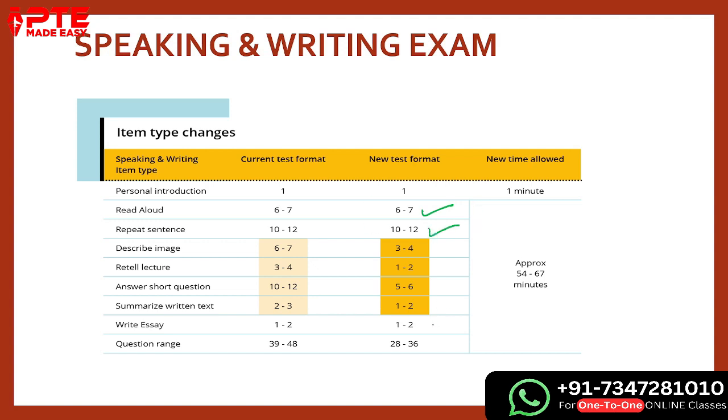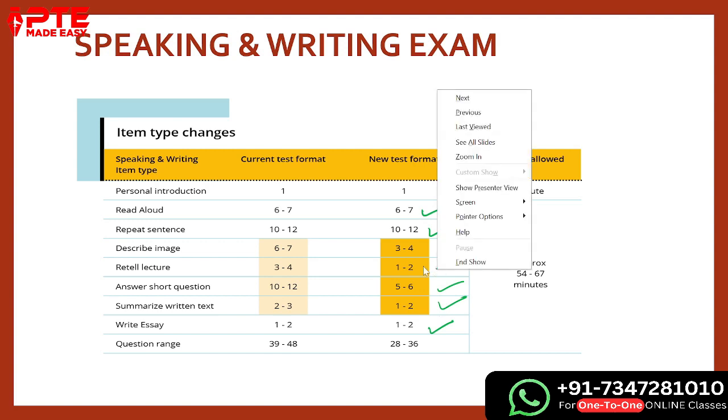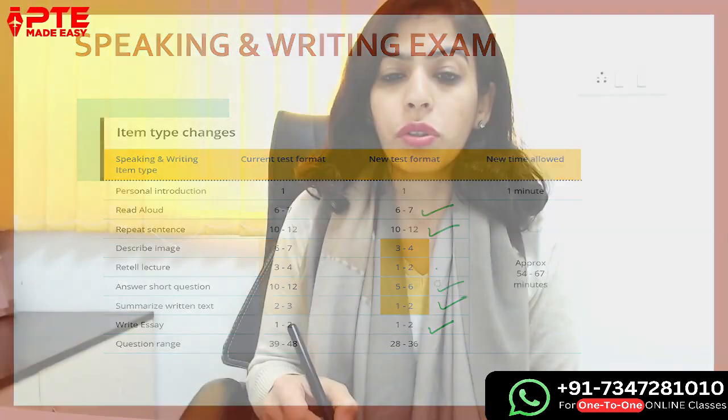Repeat sentence is a high scoring task. You should also focus on writing essay. You can focus on summarize written text. For answer short questions, just answer as per your general knowledge, and practice a total of 50 questions. Then retell lecture and describe image. So simply focus on all these tasks.